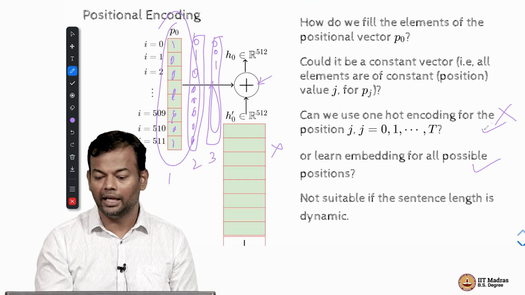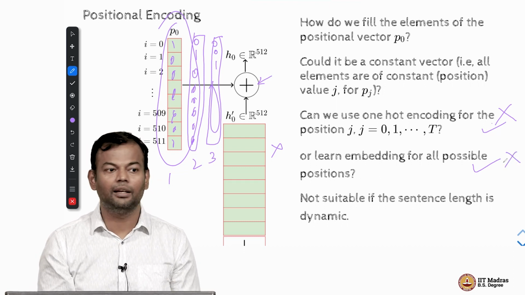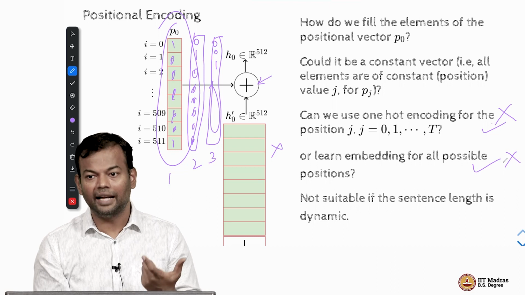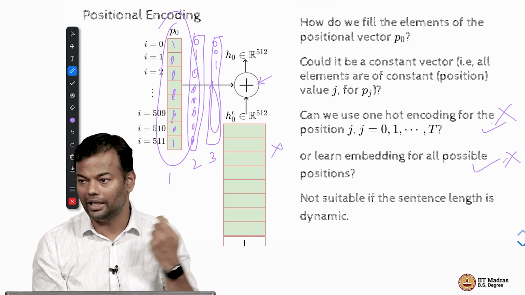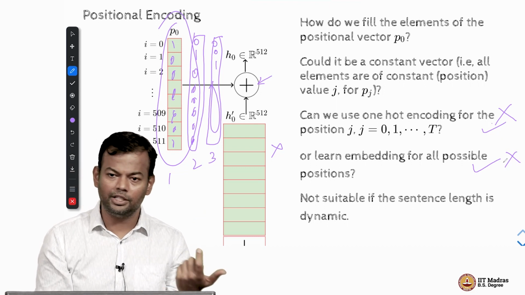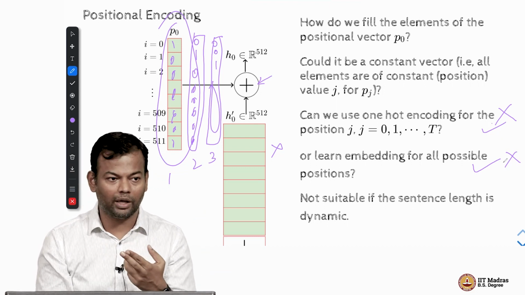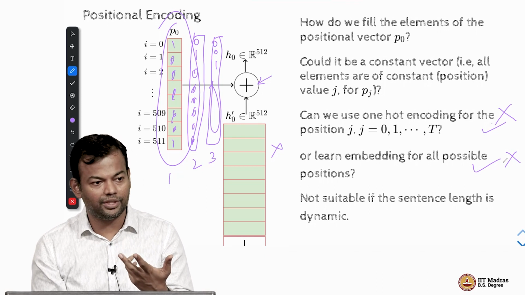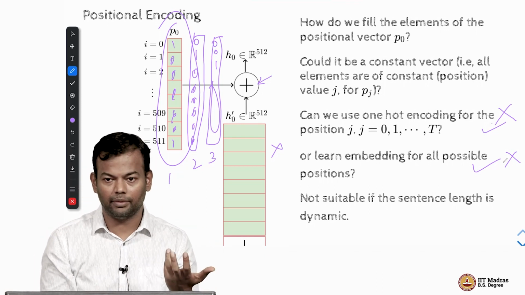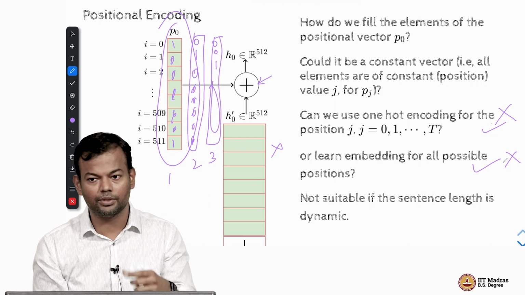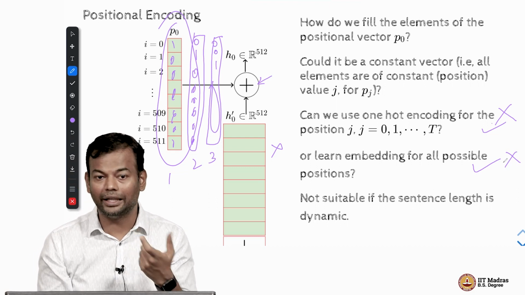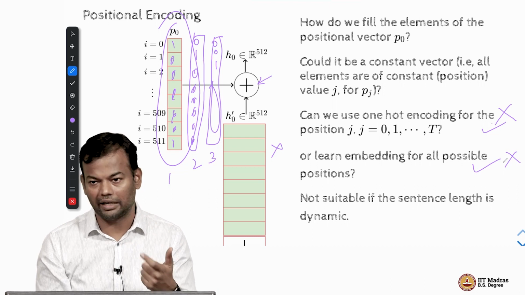Do you see that? It may also not happen in the random case because you are randomly initializing it, so you have no control over the distances. If you have randomly initialized all the embeddings, then it's possible that 512 and 1 are farther away from each other than 512 and 25, because it's a random initialization after all. So that's the other problem. This relative distance between positions is not encoded in one-hot encoding or random initializations.